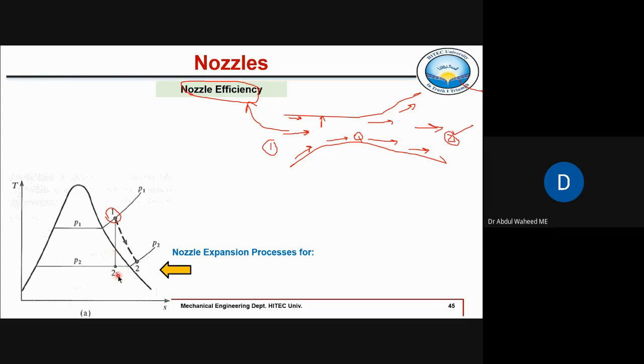But for non-isentropic flow, there will be some entropy generation, right? So some entropy will be generated, and this is the actual point 2, because entropy during this process is increased. S2 is greater than S1. The entropy at point 2 will be greater than the entropy at point 1, right?